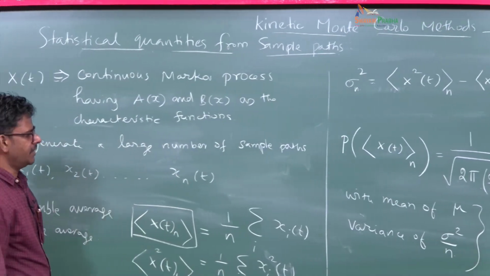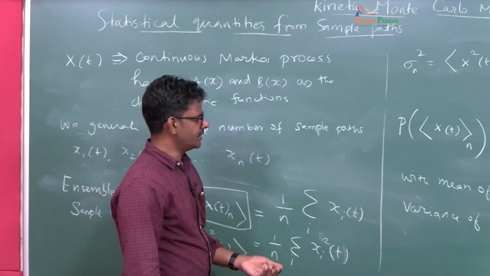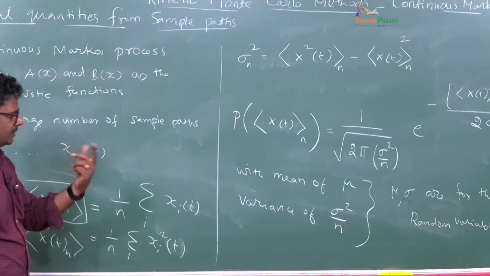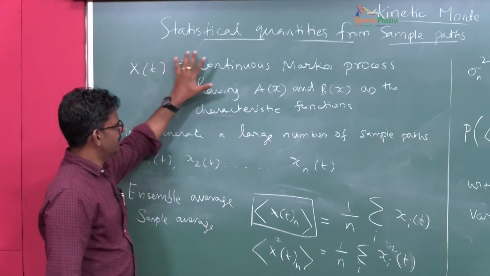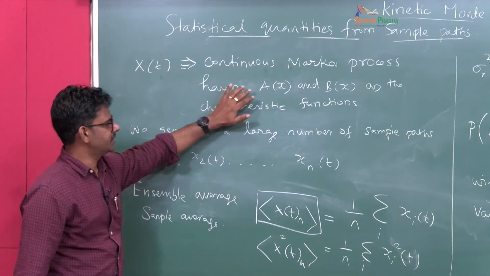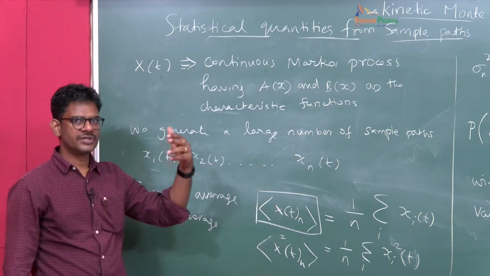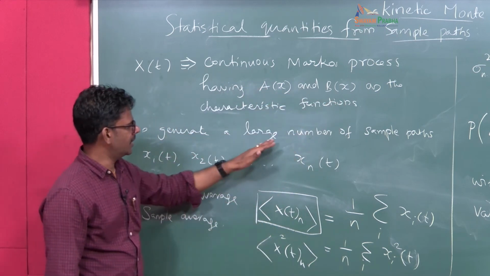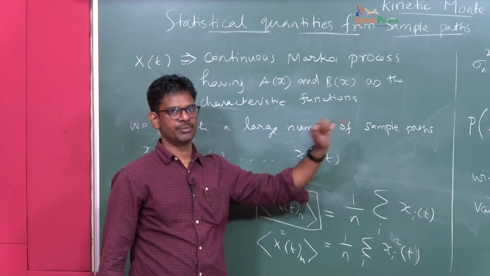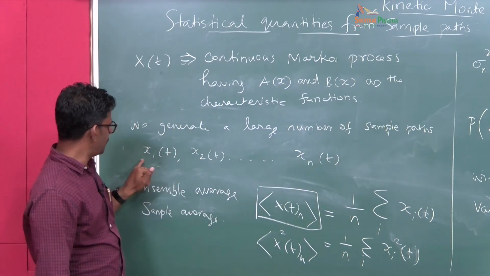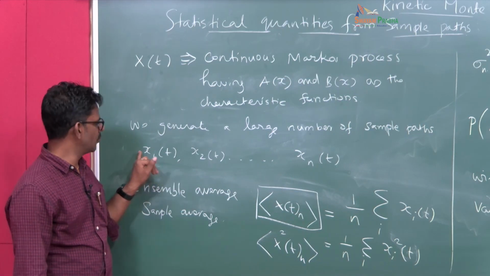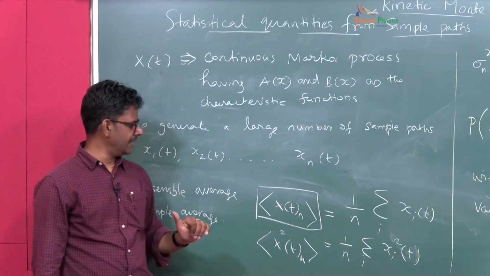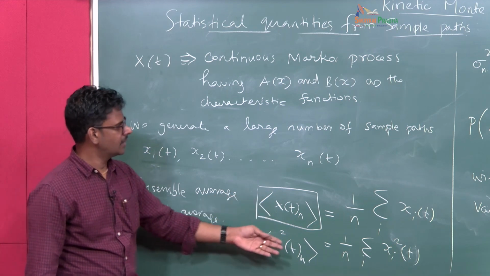What we are actually trying to find out is, okay, let me dial back. So what I am trying to say here is, we have a Markov process with a characteristic function, and through some kinetic Monte Carlo method, I am able to generate a large number of samples, and the sample values, the realizations for a given time t are given here. So over these ensemble of points, I can calculate the mean and the variance.